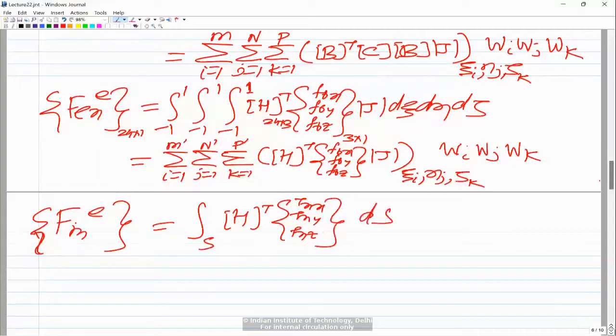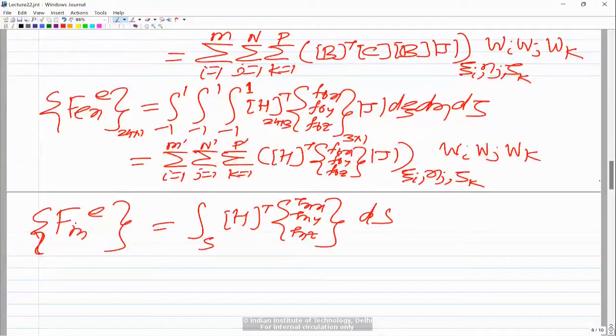Of course this has to be converted appropriately in terms of xi, eta, or xi and zeta, depending on which surface we are in, when we are looking at all the six surfaces of the element. So element will have six surfaces. So that means this integration will span over summation over six surfaces when you are doing this.